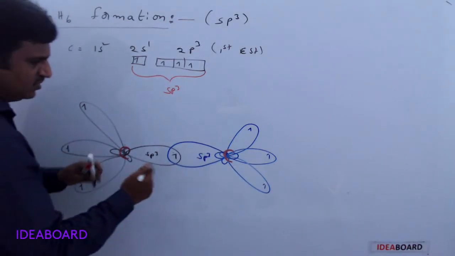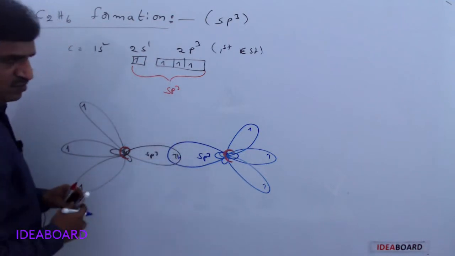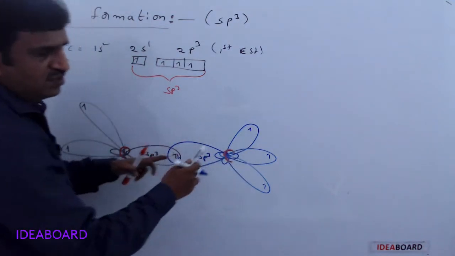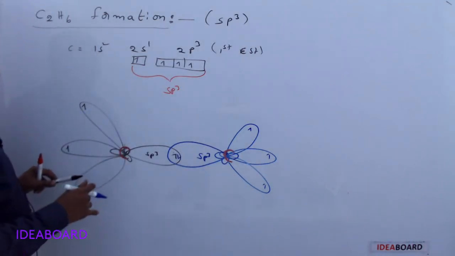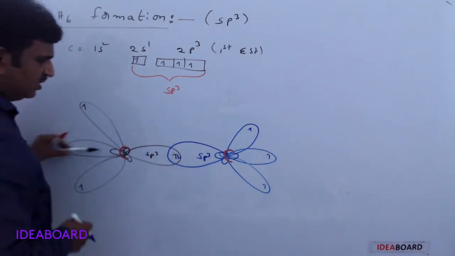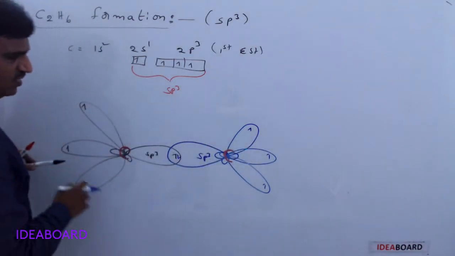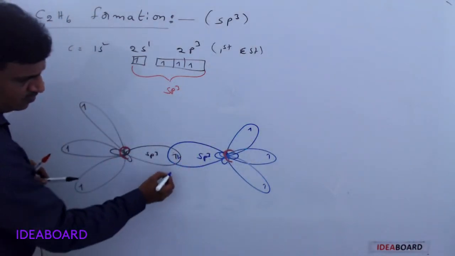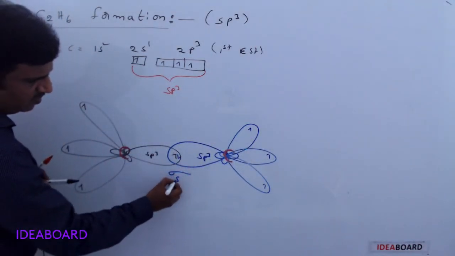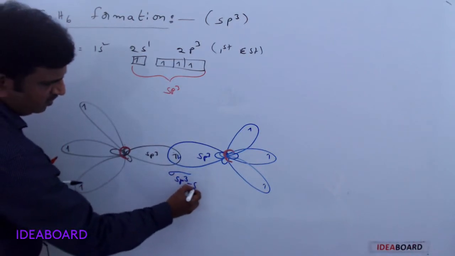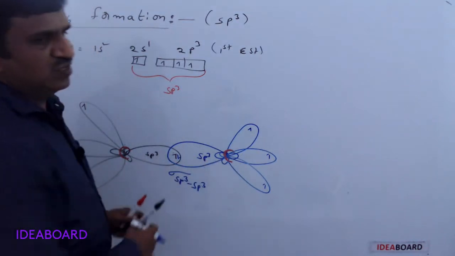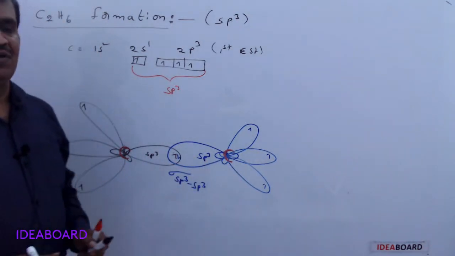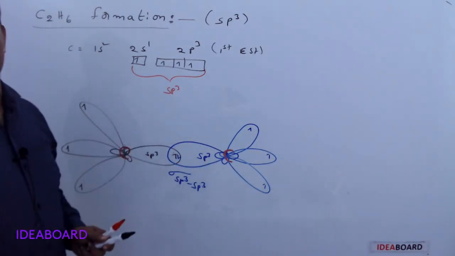Okay, they are making a sigma bond here. How? Not by intermixing, but by overlapping of two sp3 hybrid orbitals. So this is the internuclear axis. Through the internuclear axis they are overlapping. So they form a sigma sp3-sp3 bond. 2 hybrid orbitals are also involved in sigma bond formation, not only one hybrid and one pure orbital.